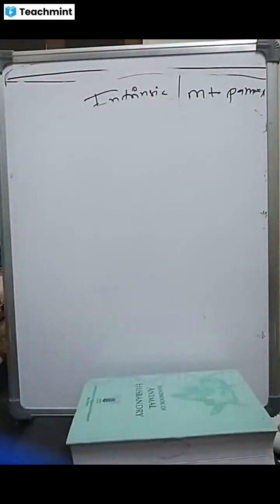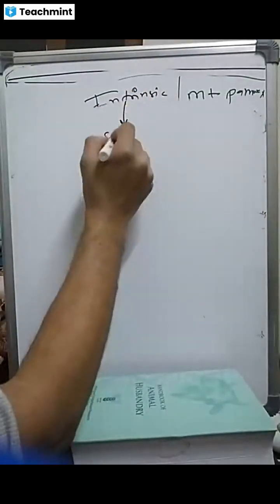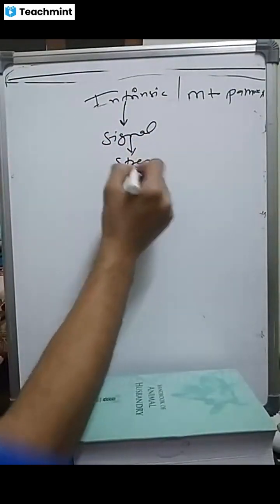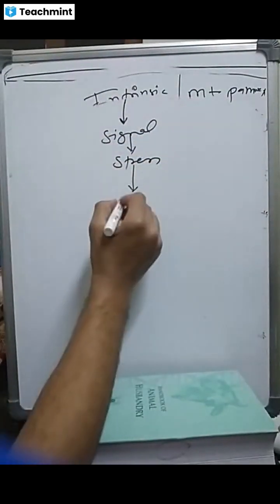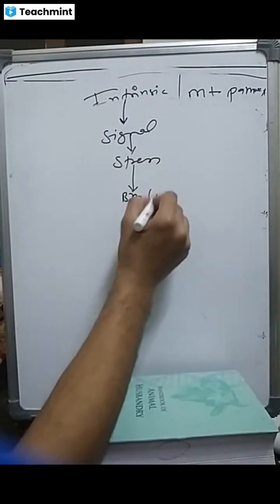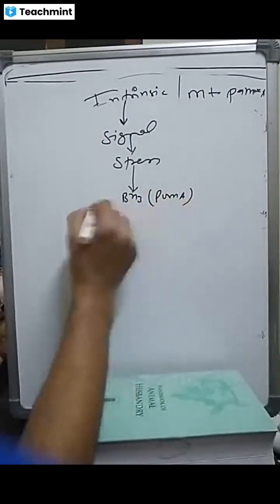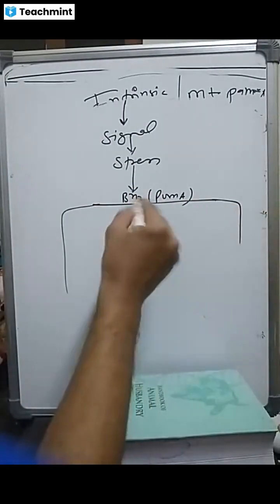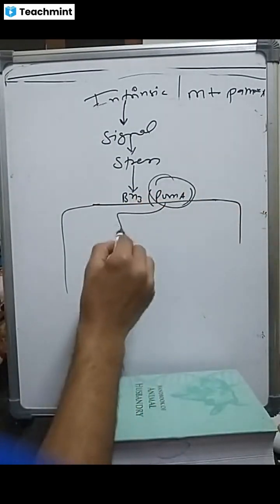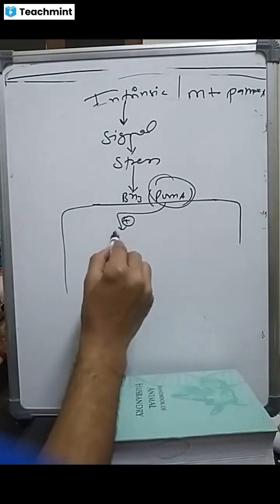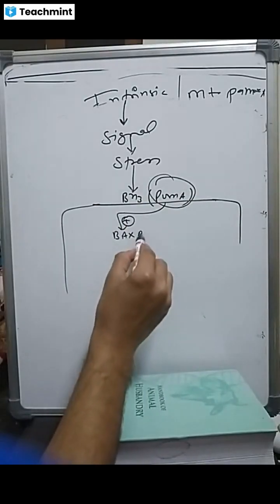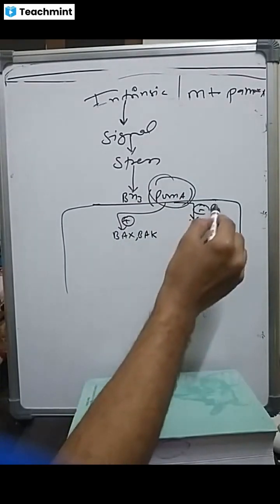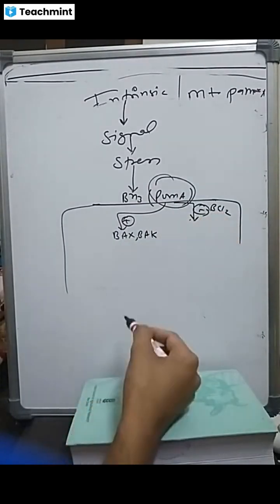So what happens in the intrinsic pathway? There is one signal, and that signal is stress. That stress is sensed by the BH3 protein PUMA present on the surface of the cell. This PUMA will stimulate BAX and BAK, and inhibit BCL2.